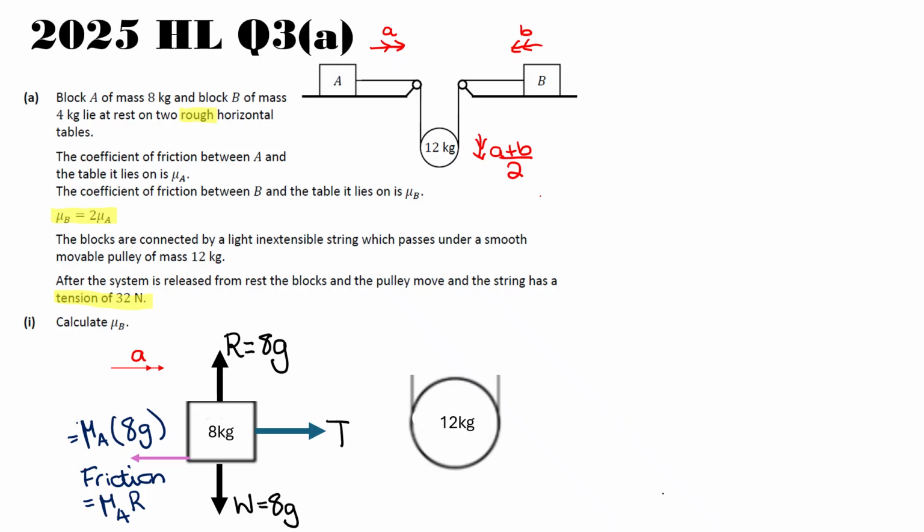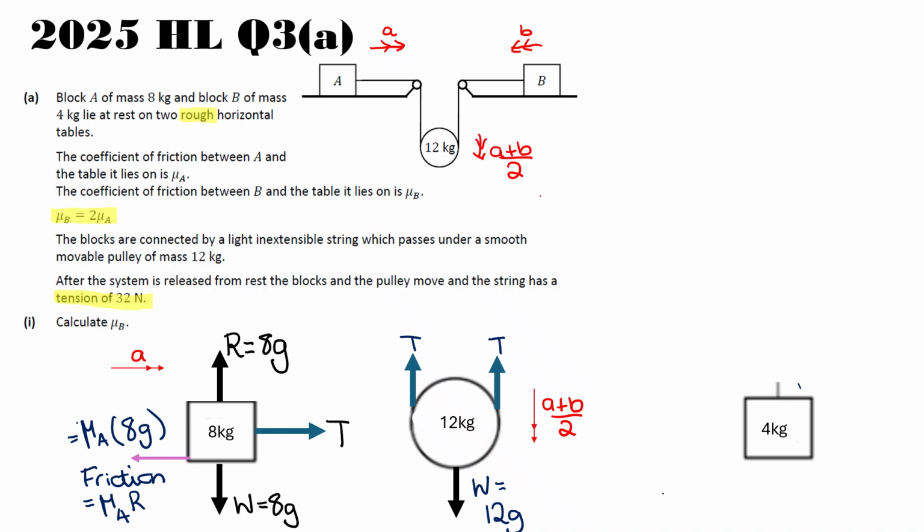Okay, for the pulley, we have 12 kg, so its weight is equal to 12g. It then has two tensions pulling it up, so T and T. And as we said, our movement is downwards, and it's going to be an average of both of the particles on the table. Then we have B, it's 4 kg, so its weight acting downwards is 4g. It's got a tension, which is in this case pulling it to the left.